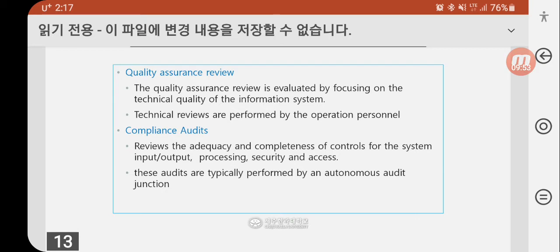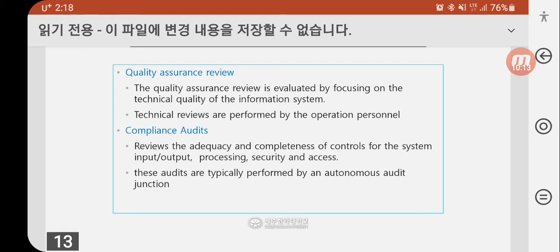The next factor is compliance audit. It reviews the adequacy and completeness of controls for the system input or output, processing, security, and access.